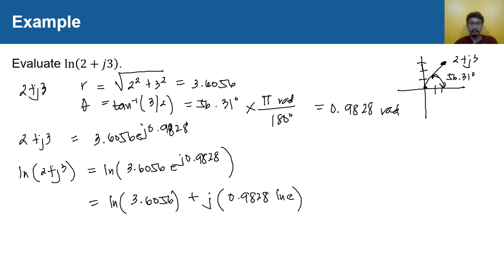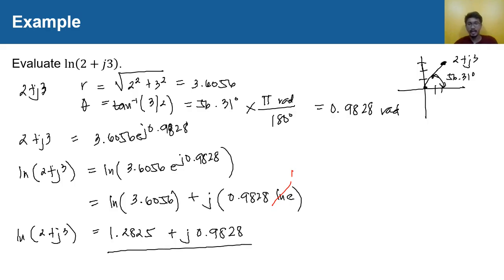And as you can remember, ln of e is equal to 1. Okay? So we now have ln of 2 plus j3 equal to ln of 3.6056, which is 1.2825, plus j 0.9828. This is now our answer for ln of 2 plus j3.